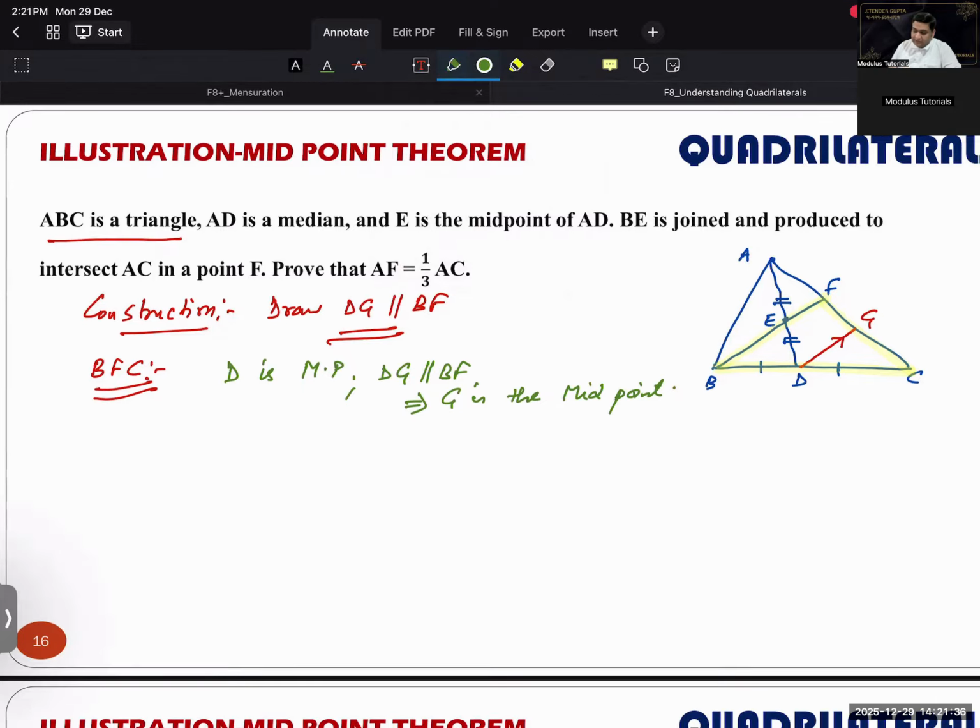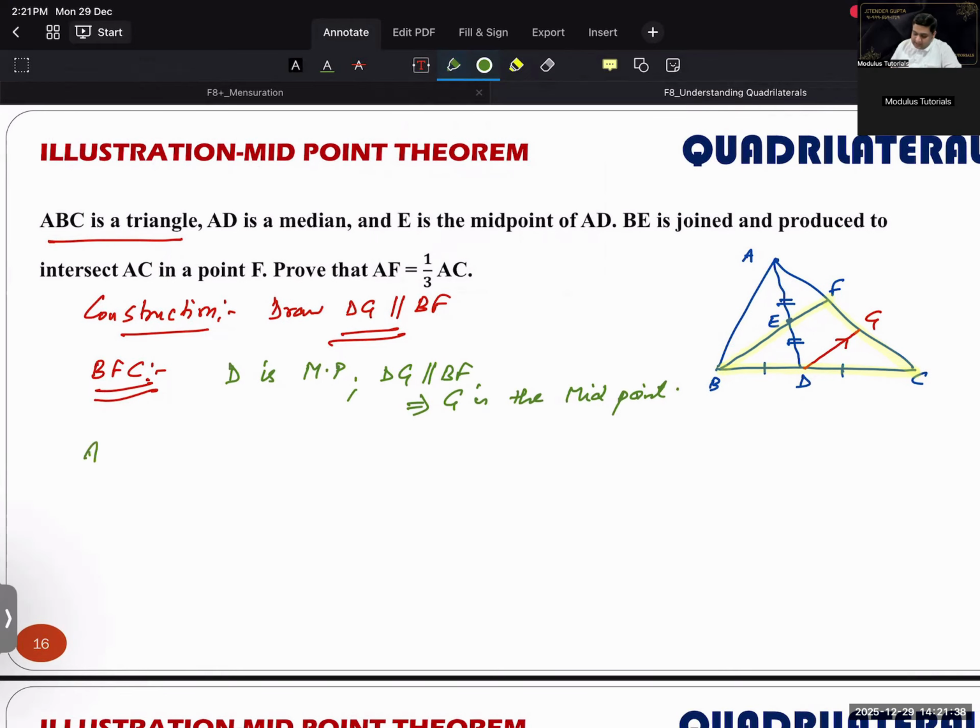Now let us go further. Now in triangle ADG, again, E is the midpoint, given. And by construction, EF is parallel to DG. So therefore, we have very clearly to say that F is the midpoint of AG.